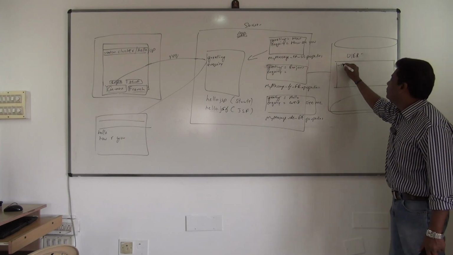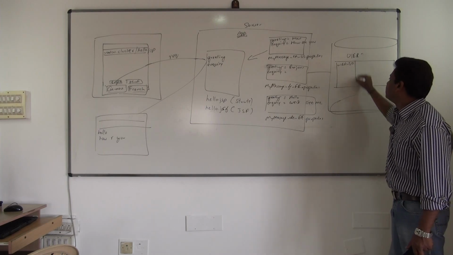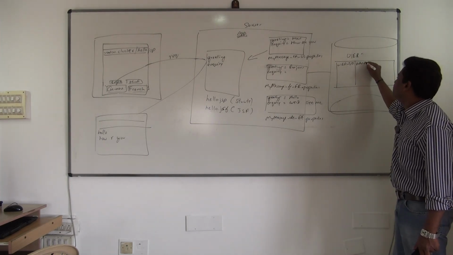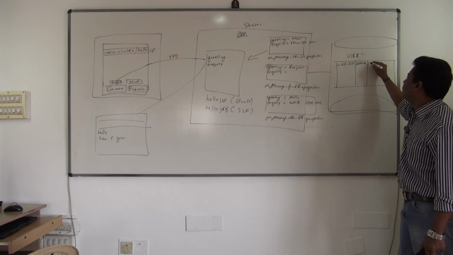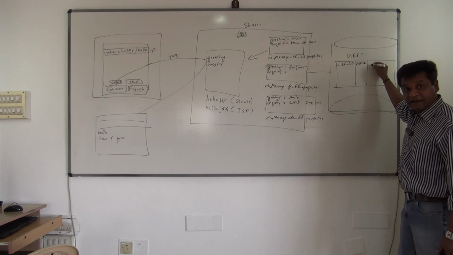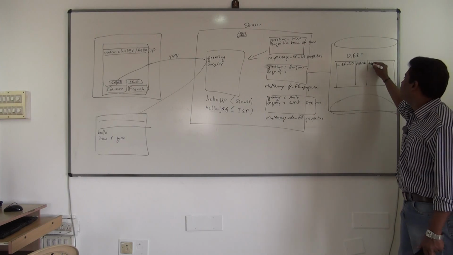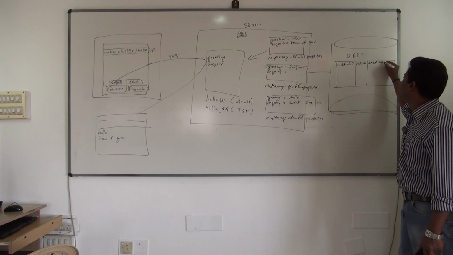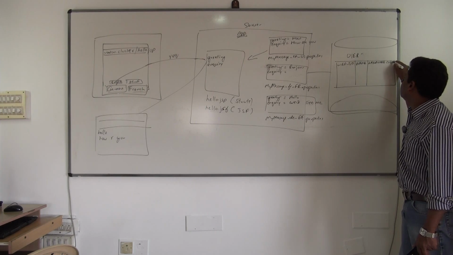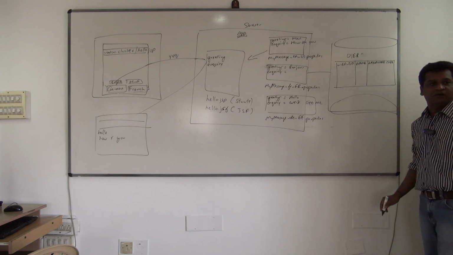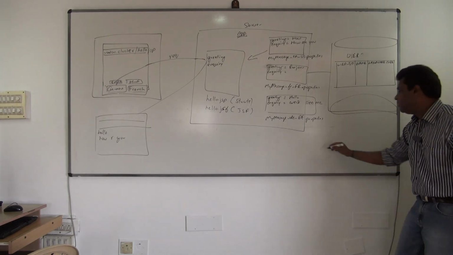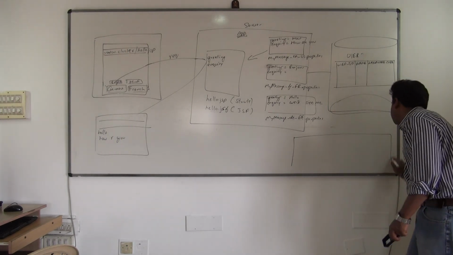In this you'll have user ID. That is fine. His name. This also fine. But here you'll have what, you know. Language code and country code. Two columns you'll have. One more column you'll have called what? Country code. I'll just write it down here because I'm not having space there.